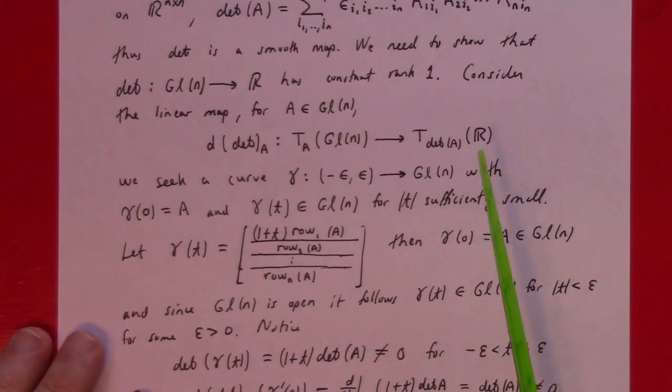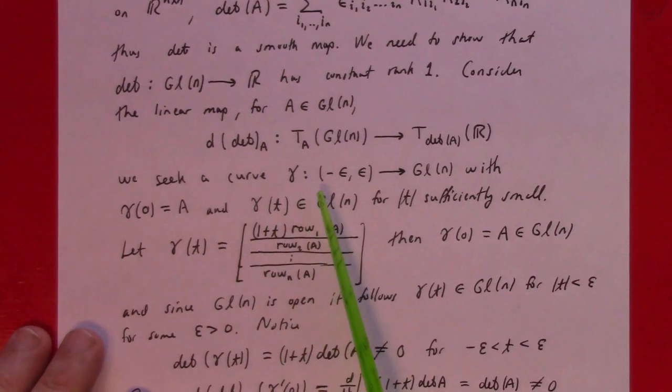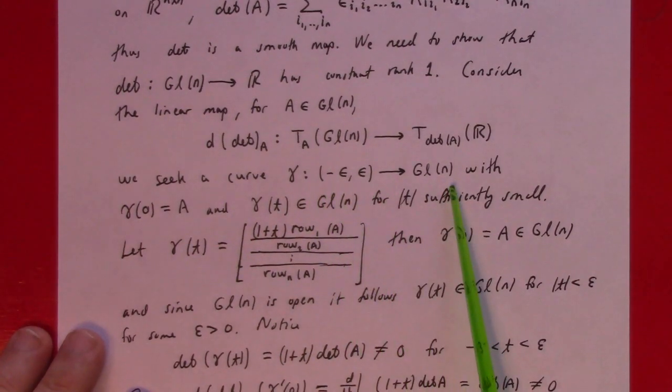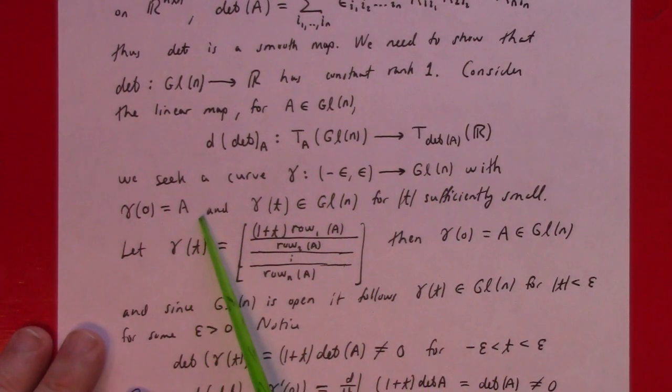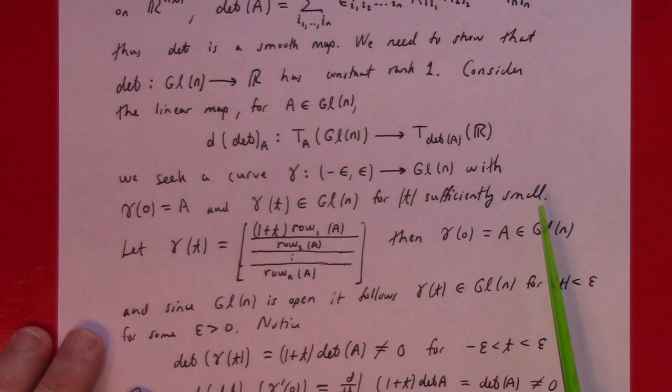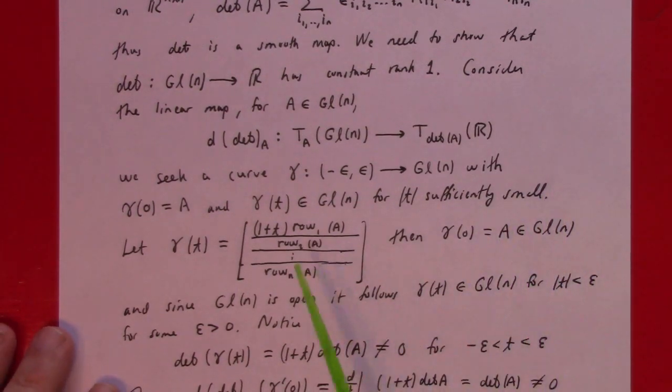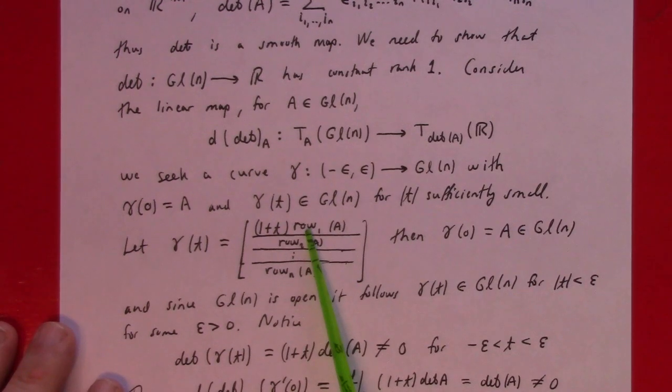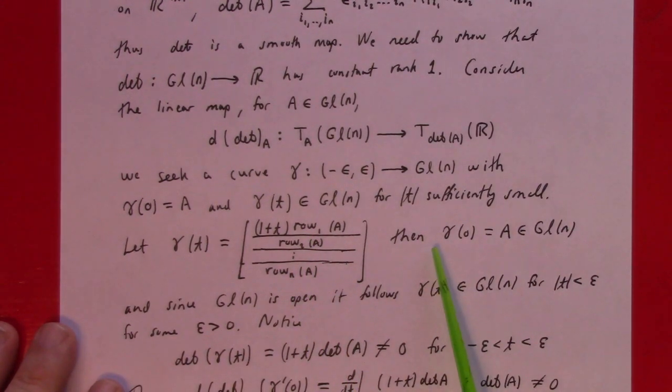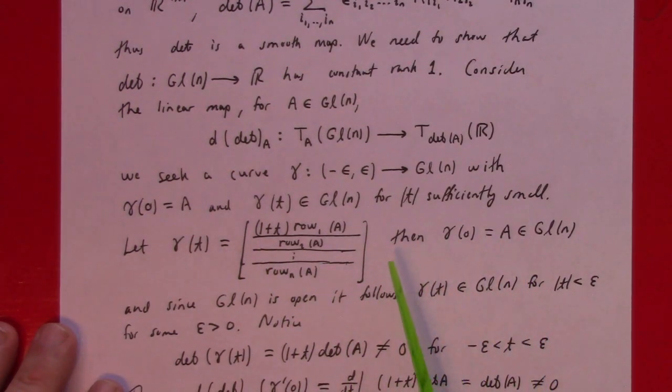So here's what he does. He seeks a curve in invertible matrices with gamma of 0 being A and gamma of t being in GLN for t sufficiently small. Now, the way he does that is a little sneaky. He lets gamma of t be equal to 1 plus t times the first row of A, and then just leaves the rest of the rows of A alone. Of course, gamma of 0 is A, which is in GLN by assumption.